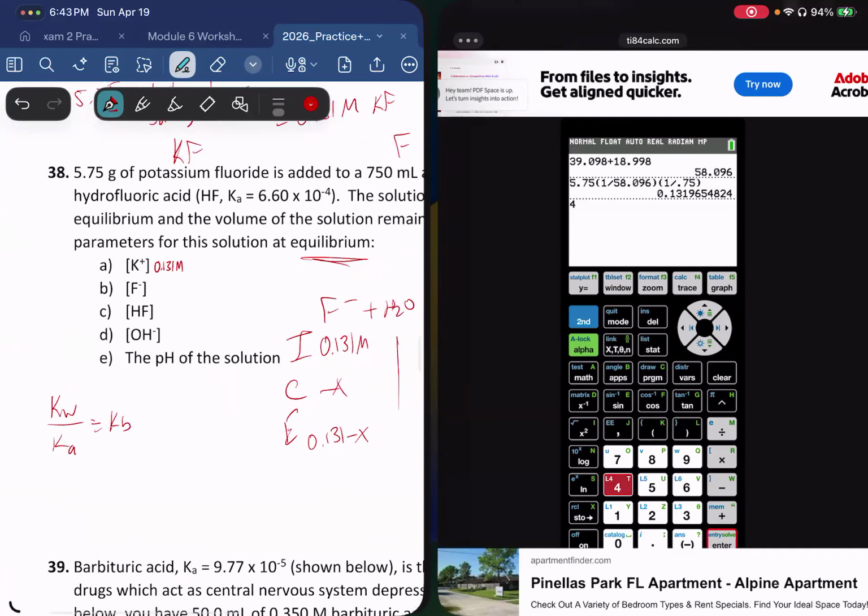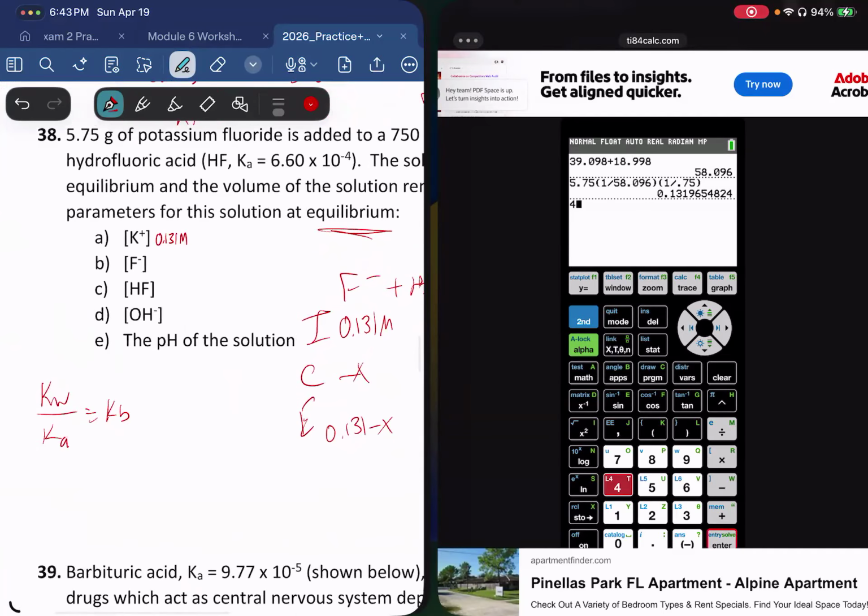And so that's going to be 1.00 times 10 to the negative 14, right?